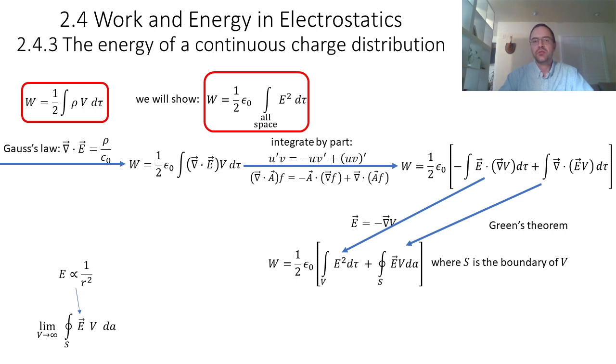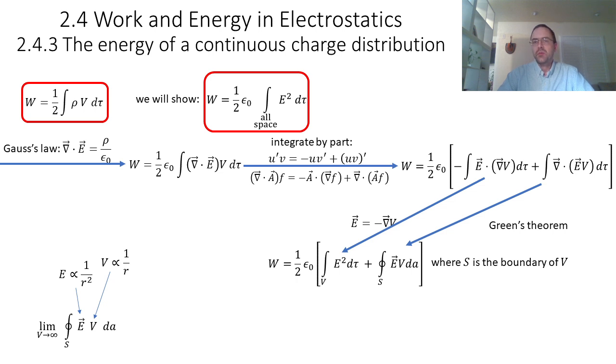Again, maybe you're not convinced that I can treat any finite charge distribution like a point charge when I'm very far away from them. And we will, in fact, discuss this in detail later on in this class. For now, just accept that it is either 1 over r squared or something even smaller. Similarly, for the potential, we know that it is in 1 over r.